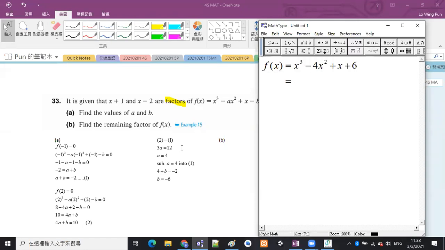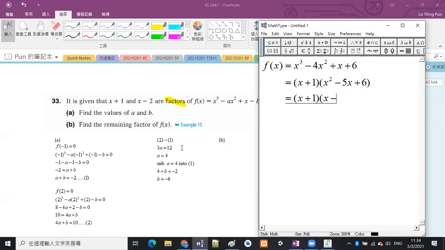Okay, and we have already known that x plus 1 is the first factor, right? And then we factorize the x plus 1 out, and then find the remaining factor. It should be x squared, and then the constant term should be plus 6, and then the middle term should be minus 5x. Okay, yes, and then we just further factorize the long bracket.